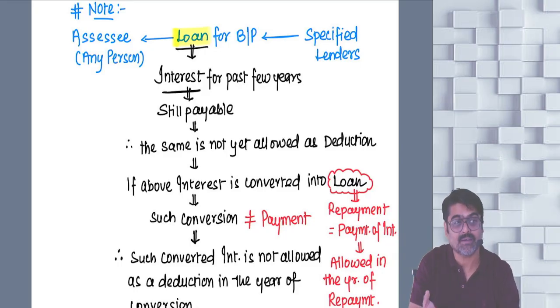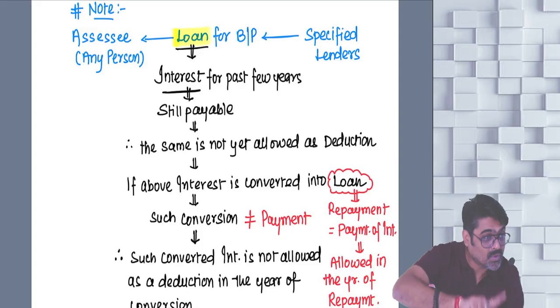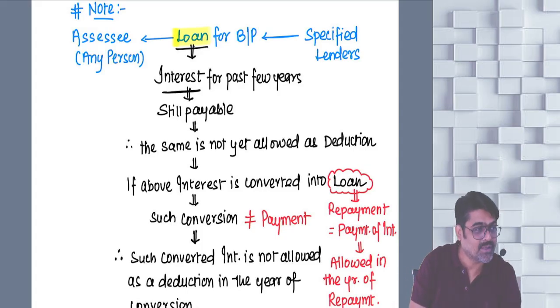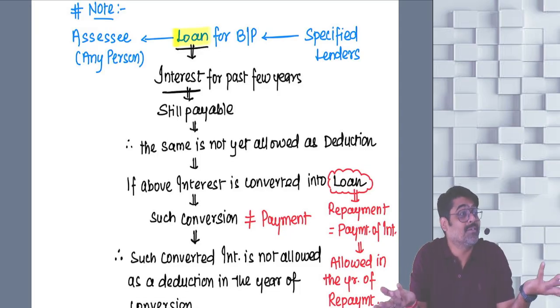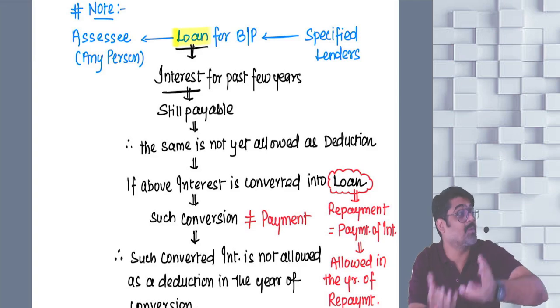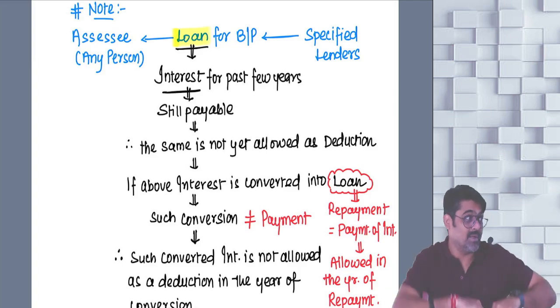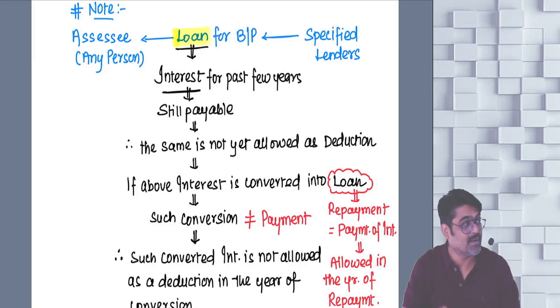Now the moment the last 3 years interest got converted into loan, can you say that the interest is paid? Now there is no interest. All the last 3 years interest got converted into loan. So the moment it is converted, it is paid.